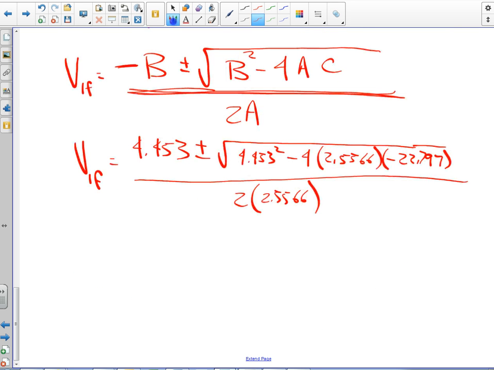All right, fun with numbers, ladies and gentlemen. So we're going to attack what they call the discriminant. We're going to clean up this mess.